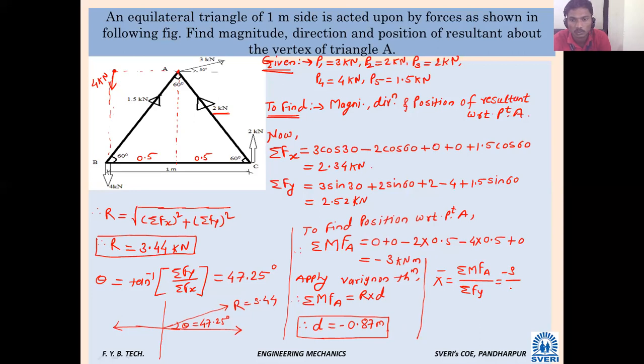How much is it? 2.52. And Y bar is the summation of moment due to all the forces about point A divided by summation Fx.